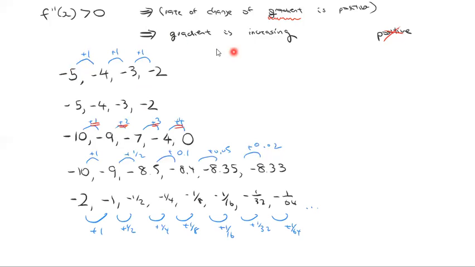Yes. All right. So therefore, if the second derivative is positive, that means the derivative of the first derivative is positive, which means that the rate of change of the first derivative is positive, which therefore means the rate of change of the gradient of f(x) is positive, which is another way to say that the gradient is increasing, because we've said it before.